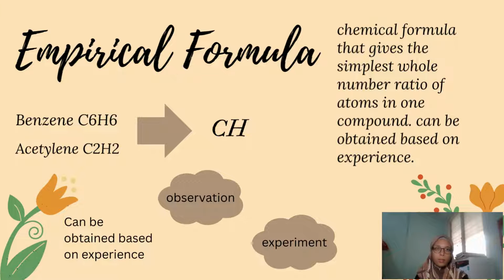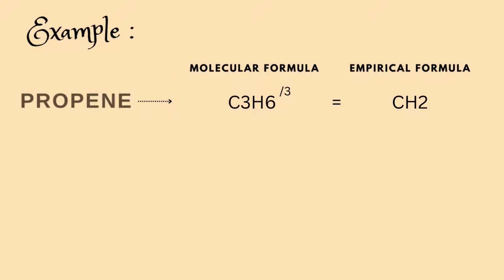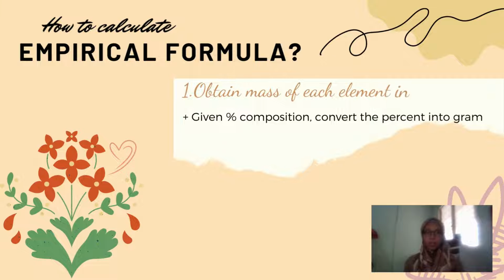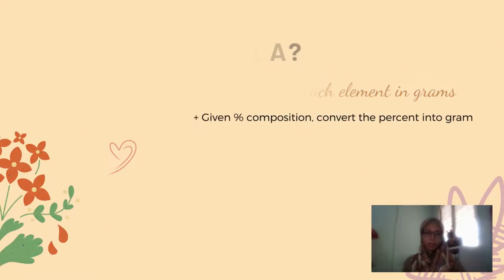Empirical formula can be obtained by observing or conducting experiment, or by calculating the mass of each of the elements. If the question gives percent composition, we don't need to calculate anything, just need to convert it into grams.